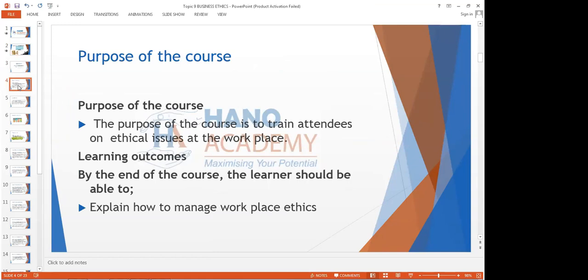So the purpose of this course or the training is to train attendees on ethical issues at the workplace, then explain how to manage business ethics.